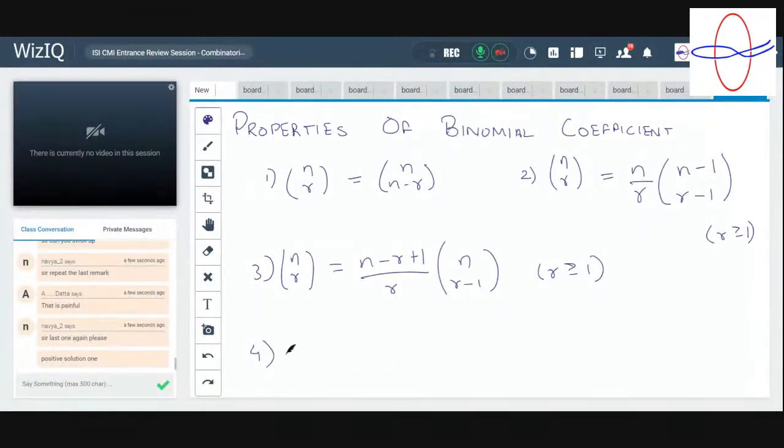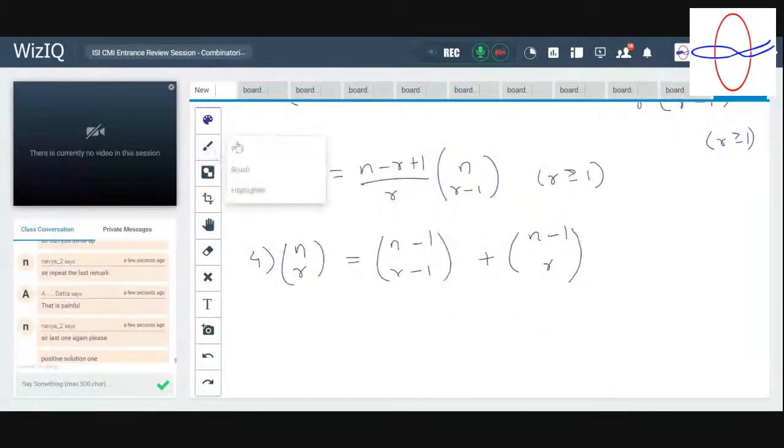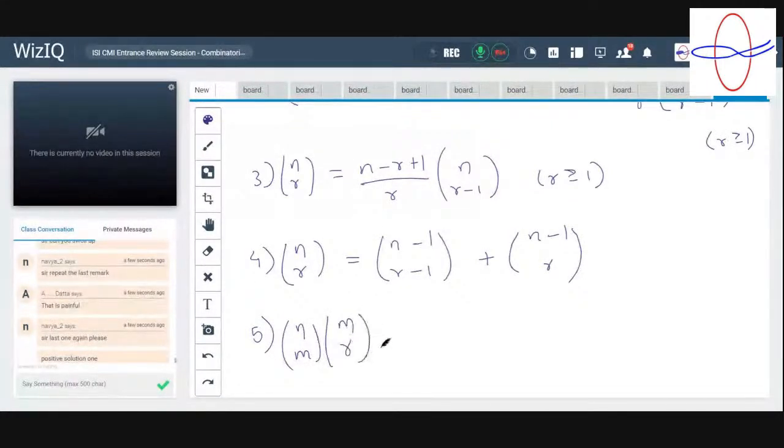Then you have n choose r is equal to n minus 1 choose r minus 1 plus n minus 1 choose r. And one more, you also have that n choose m times m choose r is just n choose r times n minus r choose m minus r.